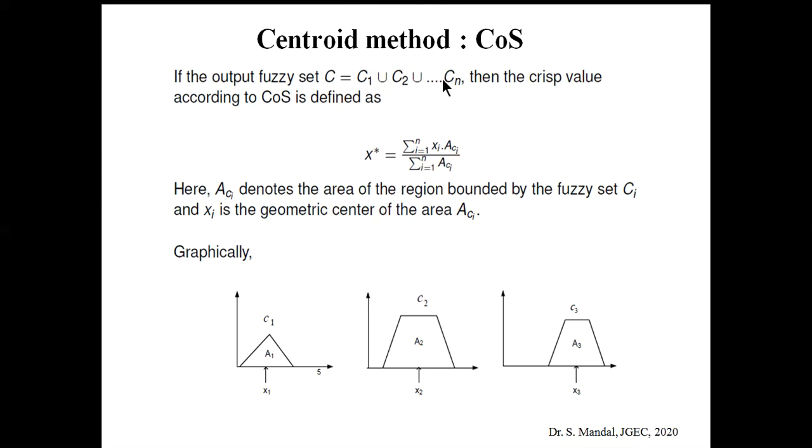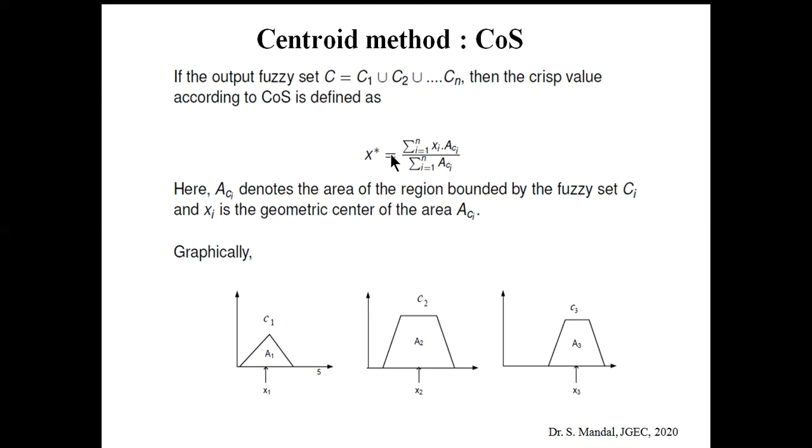For this case, the crisp value of the output by using the CoS method is defined by this formula: x star equals the summation from i equal to 1 to n of xi multiplied by Aci, divided by the summation from i equal to 1 to n of Aci.